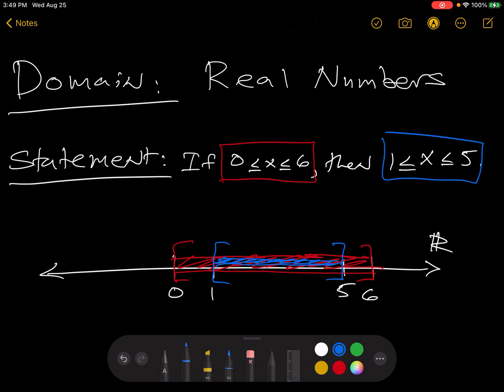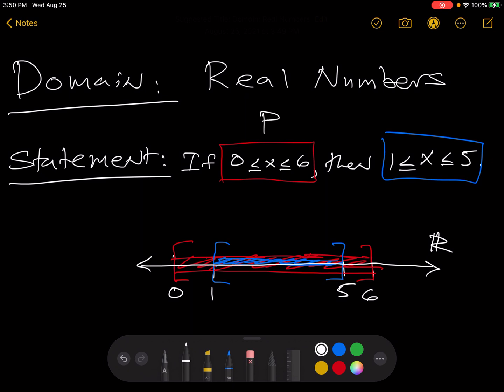So remember, how do we make this false? This is a conditional statement.